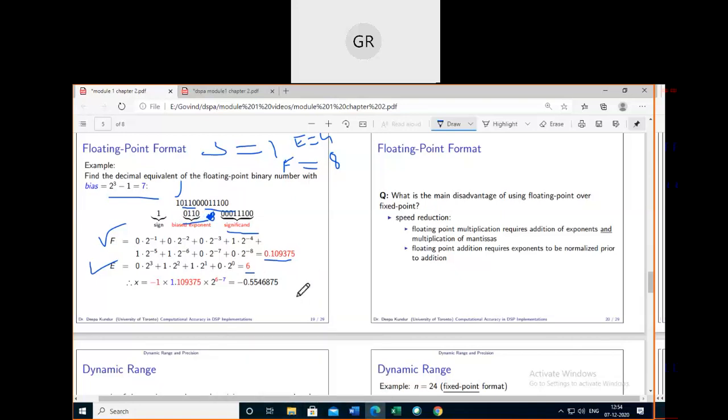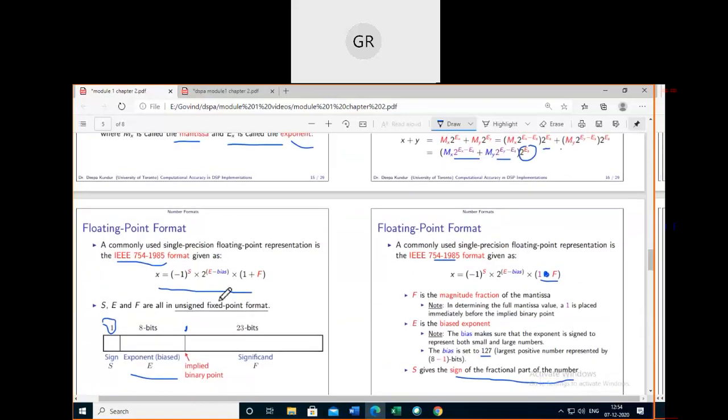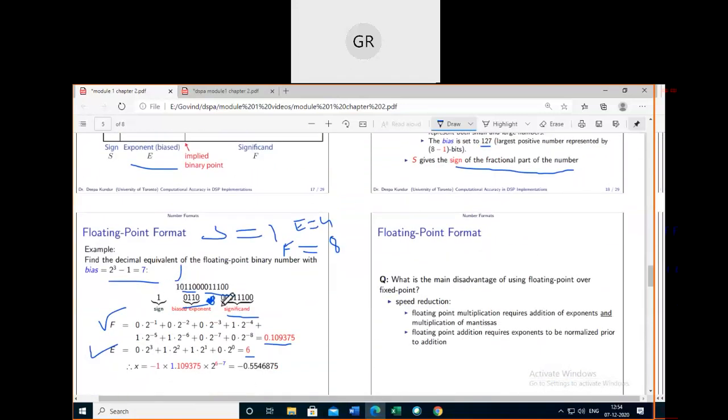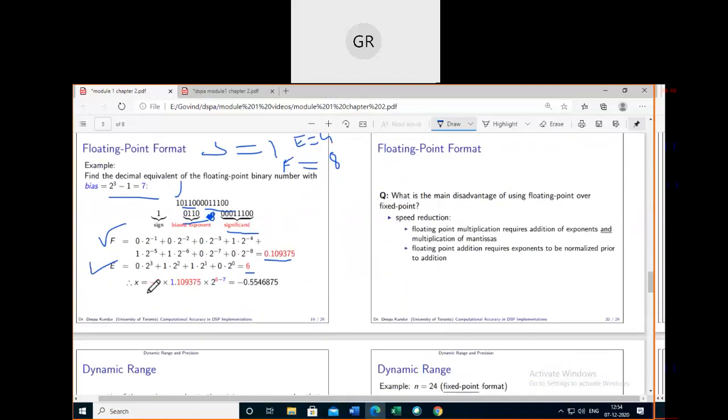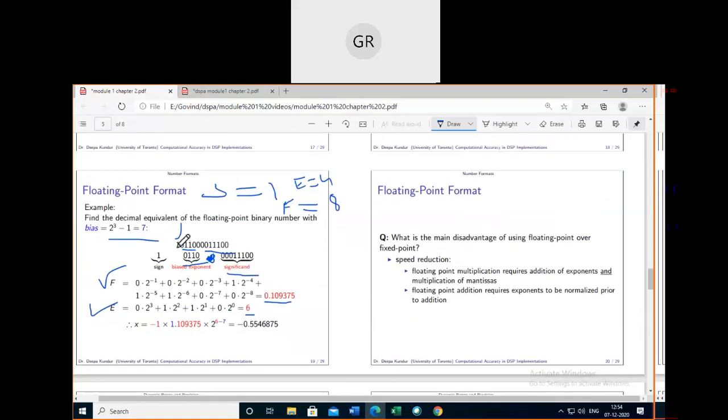Then x is equal to, in this format we can write it, minus 1. Which sign here? The most significant bit is 1, so it's a negative value, right? That's why it is written as minus 1.